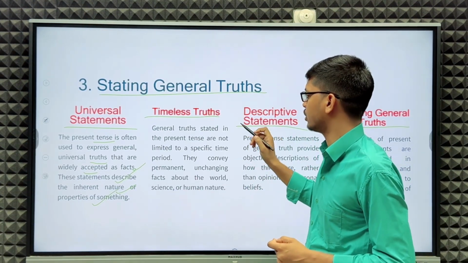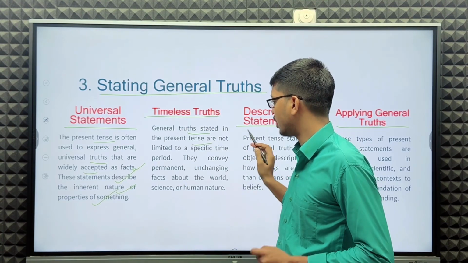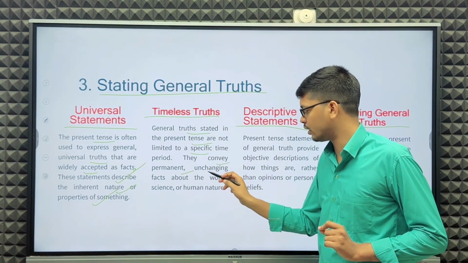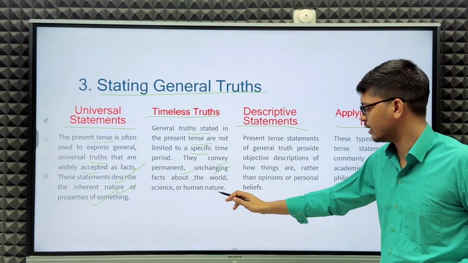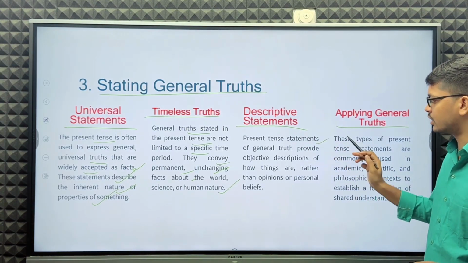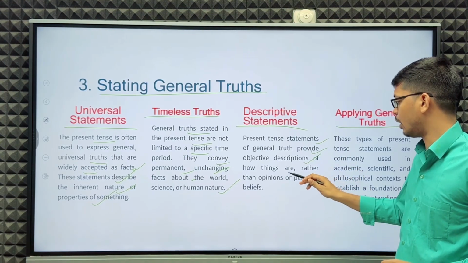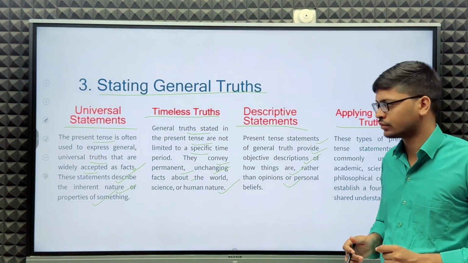Timeless truth: general truths stated in the present tense are not limited to a specific time period. They convey permanent or unchanging facts about the world, science, and human nature. Descriptive statements: present tense statements of general truths provide objective descriptions of how things are rather than opinions or personal beliefs.